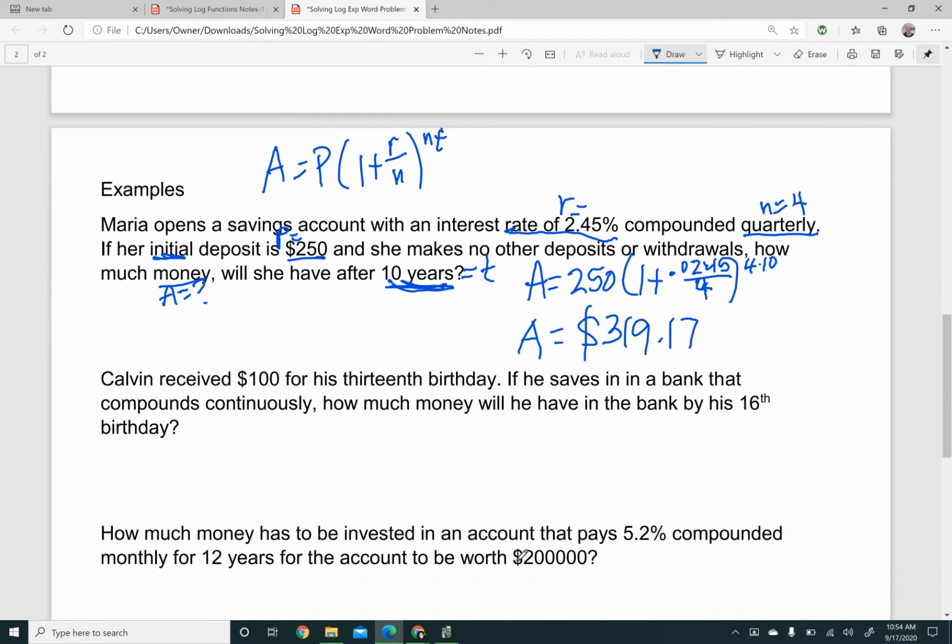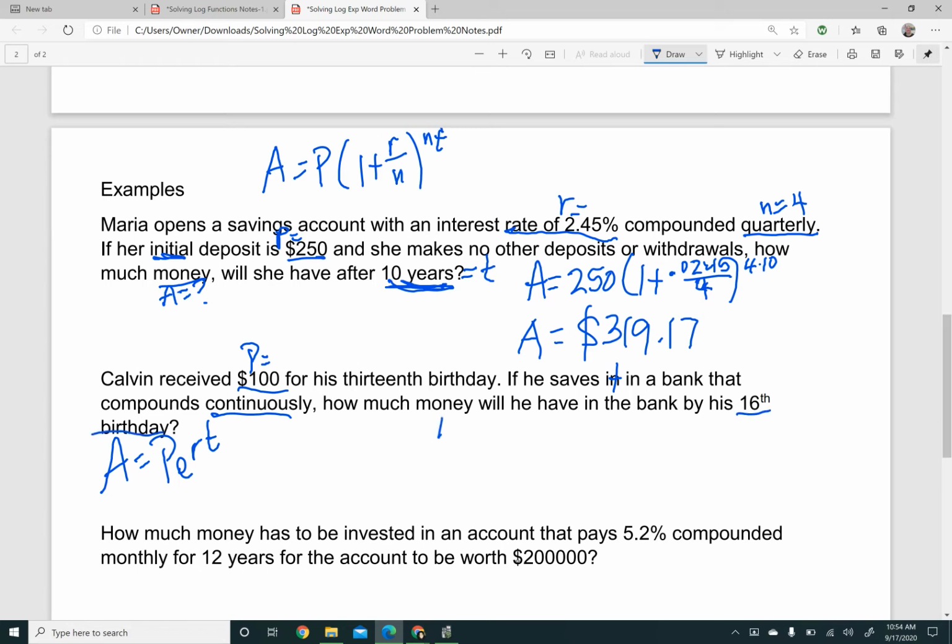All right. Calvin received $100 for his 13th birthday. Well, that's the amount he started with, right? If he saves it in a bank that compounds continuously, that means we're going to use the formula A equals PERT. How much money will he have in the bank by his 16th birthday?